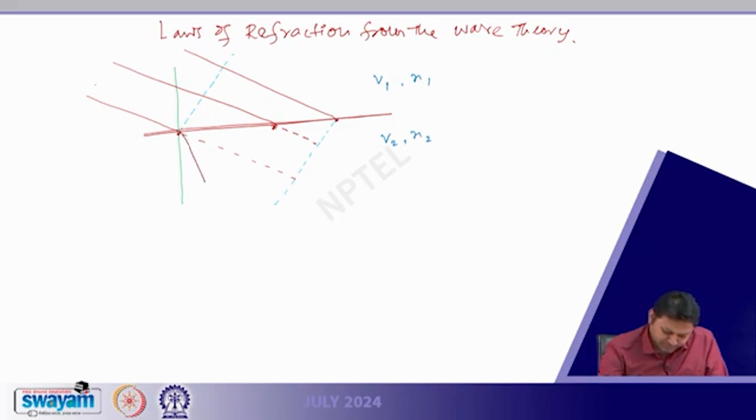This moves in this direction, and these are the wavelets that are generated. And if I draw the tangent, then that is the wavefront. So, this line is basically the tangent of these things.